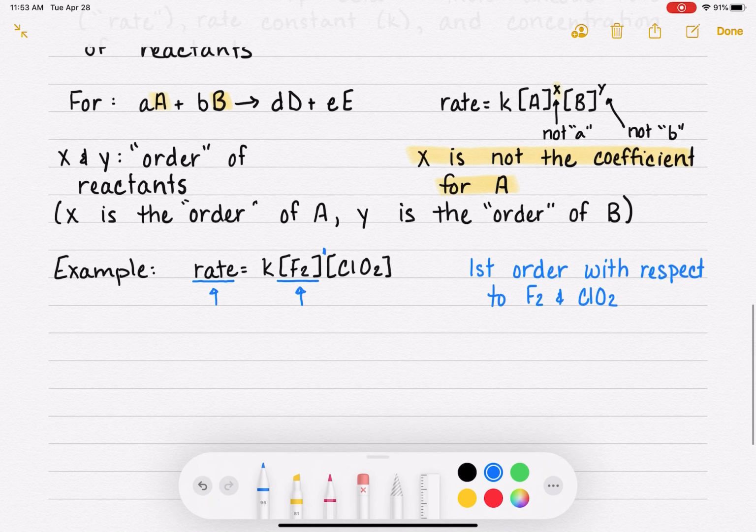Another thing we can say when we're looking at this particular rate law is the overall order of the reaction. The overall order for any reaction is going to be the sum of all of the exponents in the rate law.